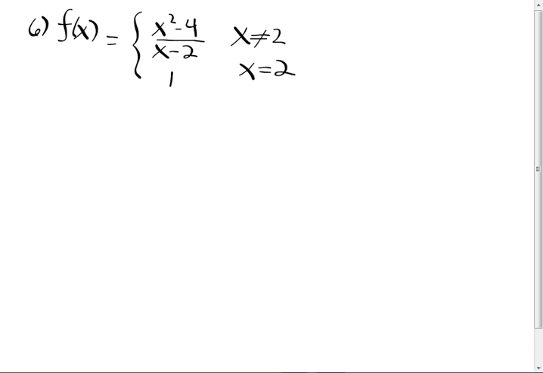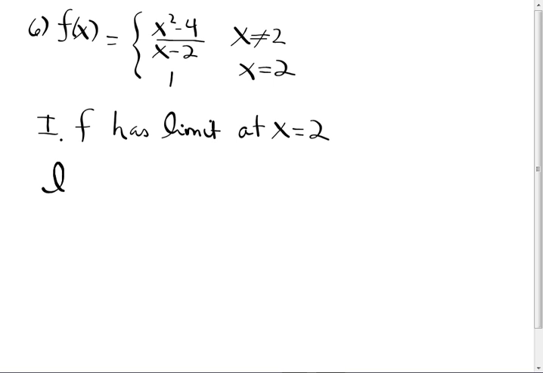Then I go down here at the answers to see which ones I'll pick. So part 1, f has a limit. If f has a limit, the limit from the left has to equal the limit from the right at x equals 2.